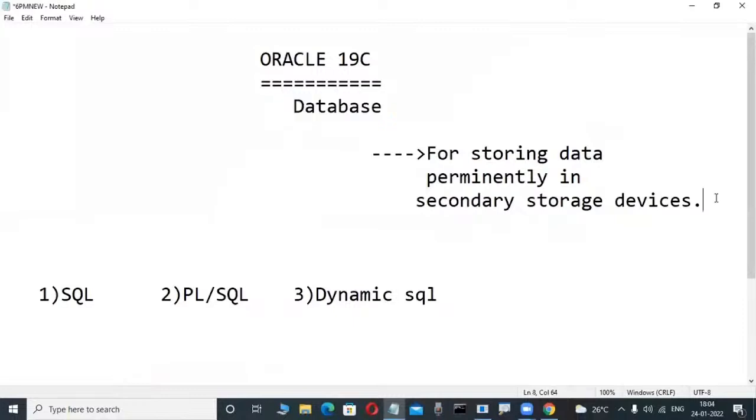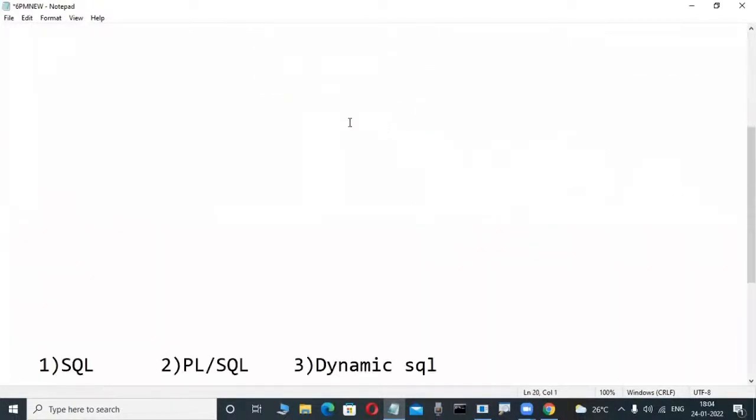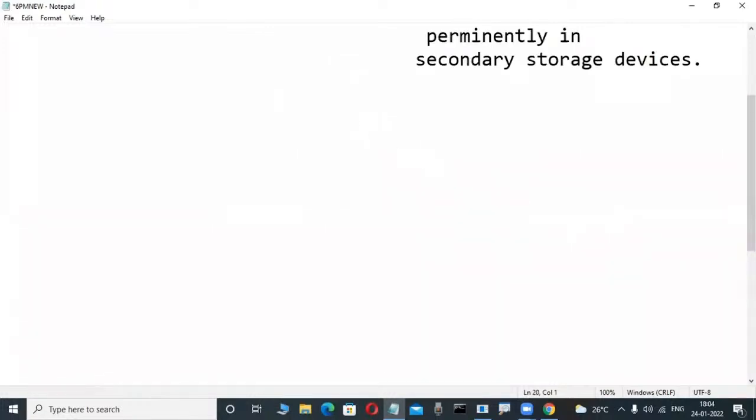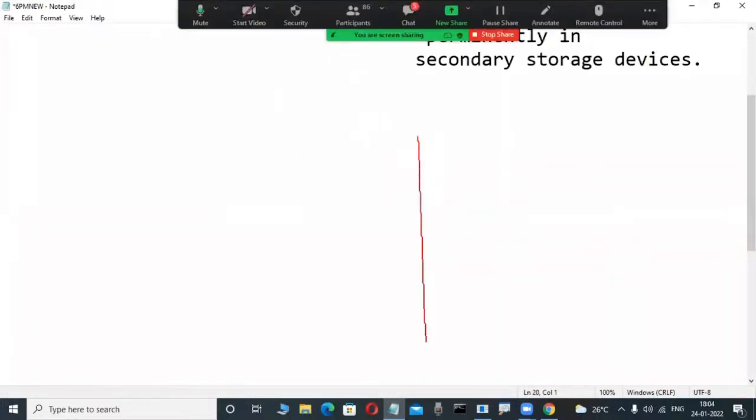As I said in previous classes, observe slowly here: a database means it is a place. Whenever we install Oracle, SQL Server, DB2, these types of databases in our system, automatically one place is created.